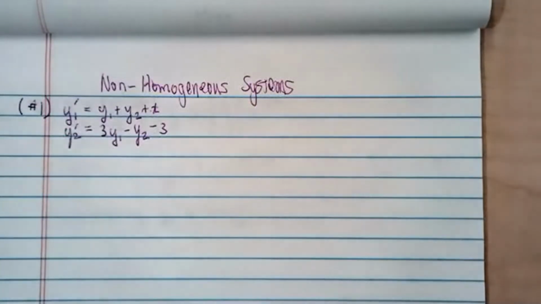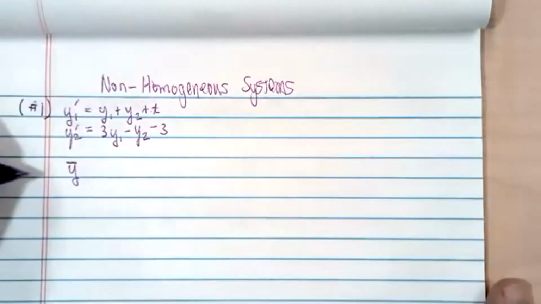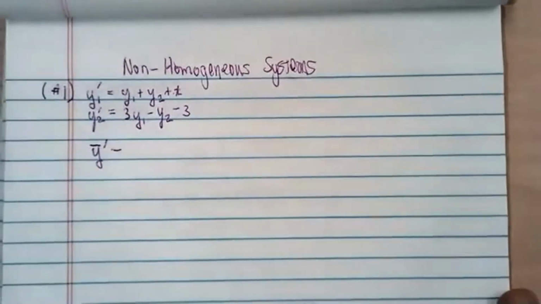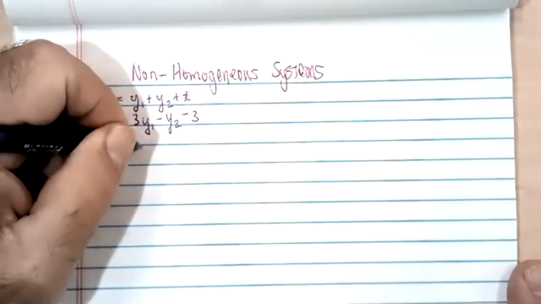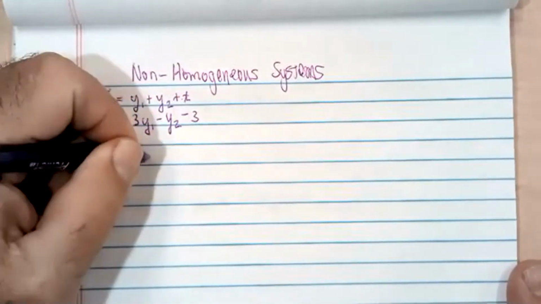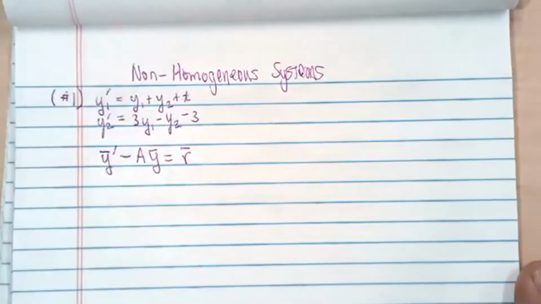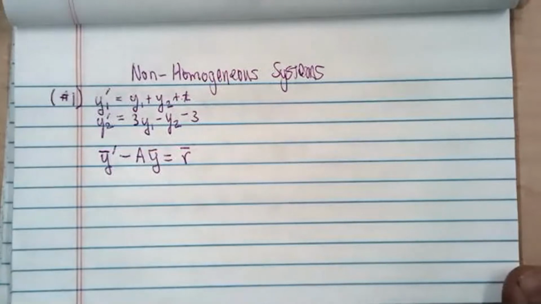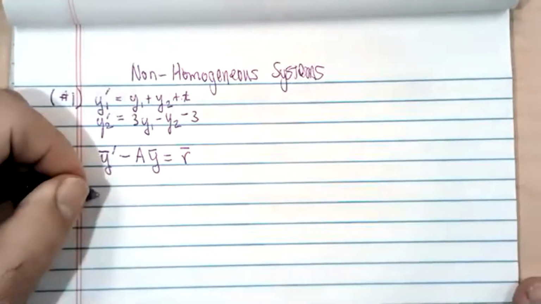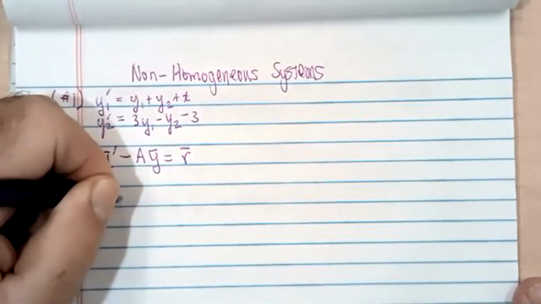So these are non-homogeneous systems, and if you wanted to write it in the vector form and in a way that looks like what we had for a single equation, it would look like this. Y prime minus A, some matrix, times y is equal to a vector r on the right-hand side. And in this particular case, since we have a specific equation here, we actually can write down all of these pieces.